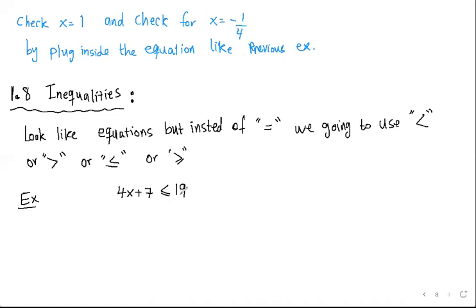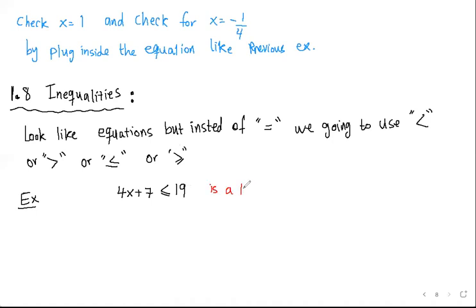First of all, this is a linear inequality. Why? Because as we learned in linear equations, the highest exponent of the variable x is 1. So this is called a linear inequality.